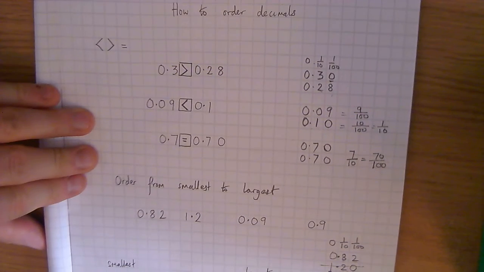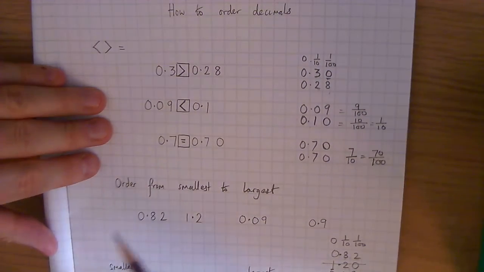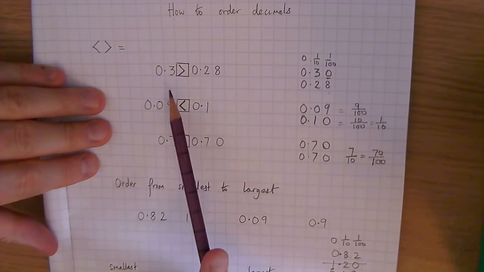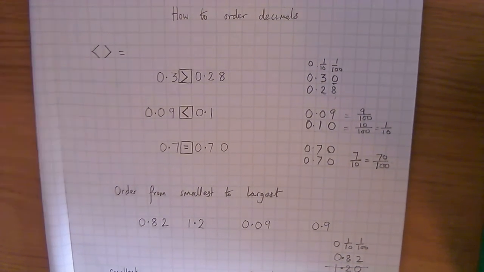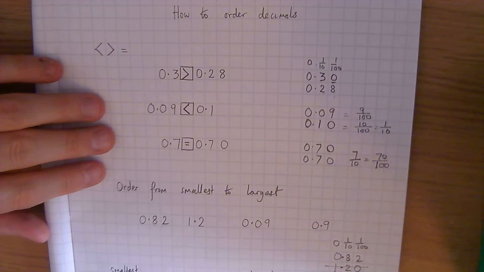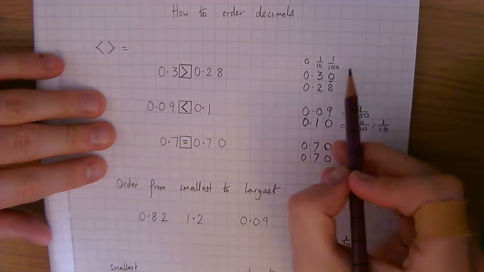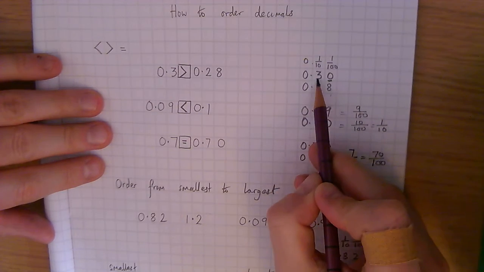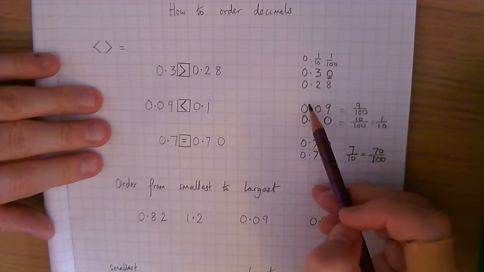Right, let's recap. Ordering decimals. Get a question like this, or it might say, someone says that 0.3 is smaller than 0.28. Is this person correct, yes or no, or true or false? Or you might have a greater than or less than sign to put in, or an equal sign. The way you work it out is you write out the decimals again, put in the missing 0, so the number of digits after the decimal point is the same for both numbers, and then compare.